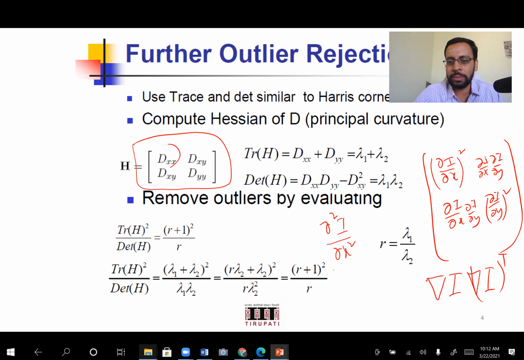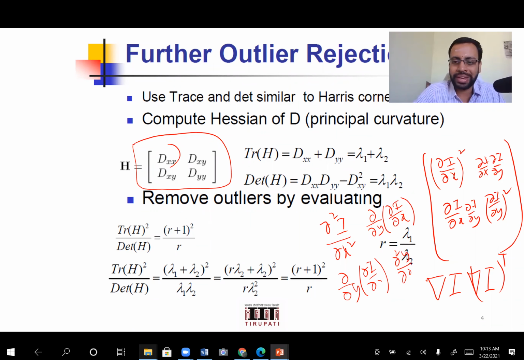So you are going to compute dou square I by dou x square here, and similarly here dou by dou y of dou I by dou x, and here the same thing, of course, dou by dou y of dou I by dou x, and dou square I by dou y square.